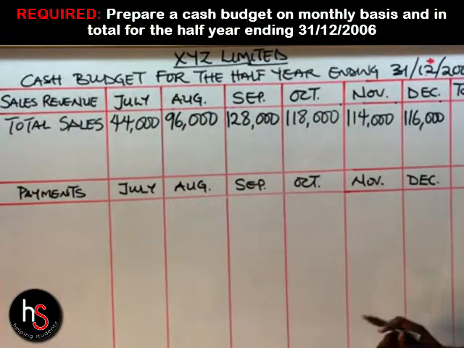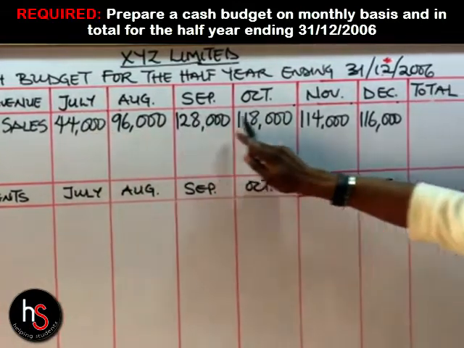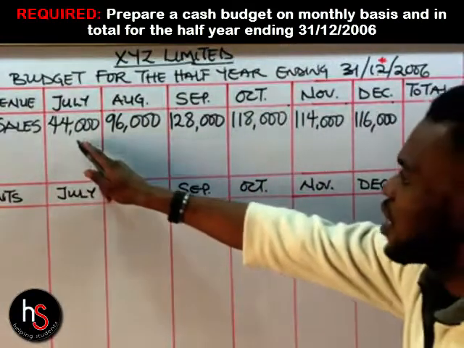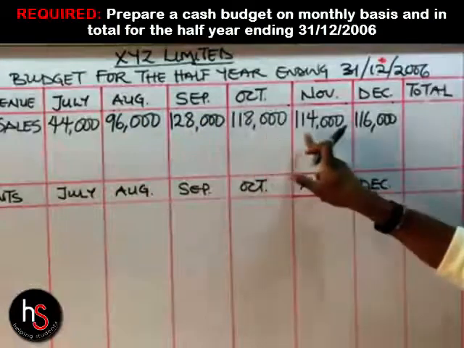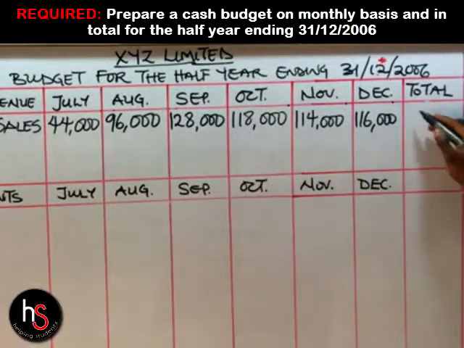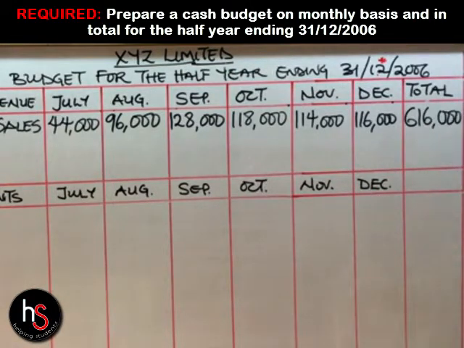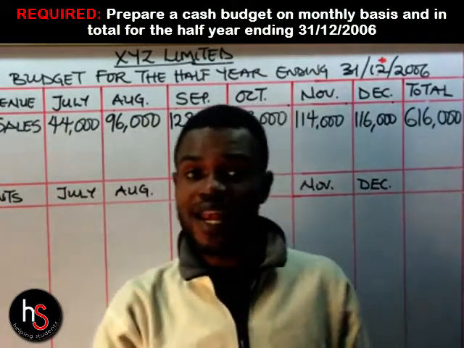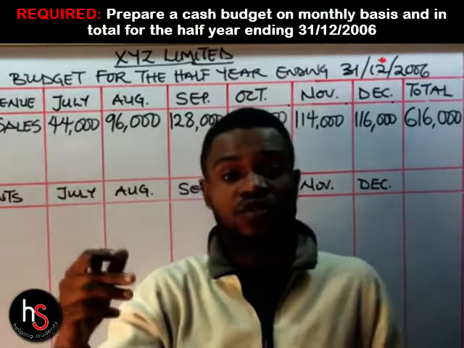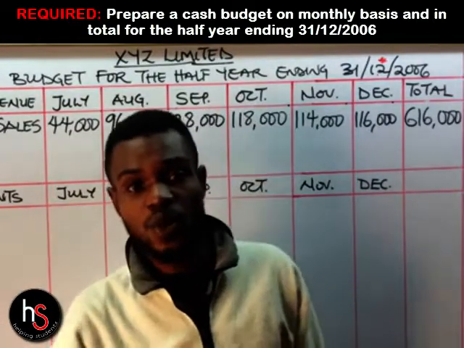So in this main cash budget, we are going to add up everything we have here: 44,000 plus 96,000 plus 128,000 plus 118,000, 114,000, and 116,000. It gives us a total of 616,000. Now, if we go through the question, we realize that this was only the total sales transaction we had.